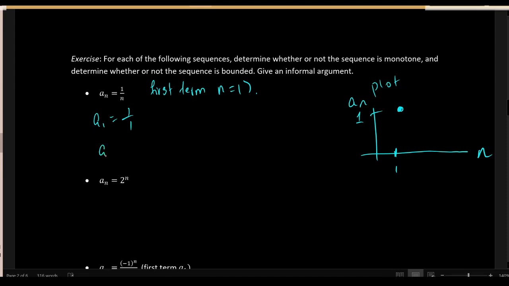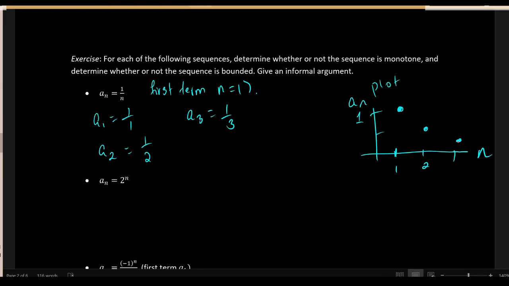When n is equal to 2, I get 1 over 2, so 1/2. When n is equal to 3, of course we get 1 over 3, which is 1/3. And so if I plot the values of this sequence, dividing 1 by increasingly large numbers, I'm just going to continue to get these fractions. 1, 1/2, 1/3, 1/4, and so on.